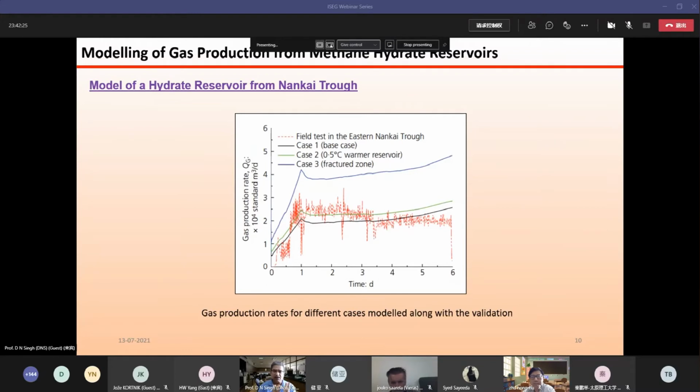So the whole purpose of this research is to give a clear answer to the government or to the industries dealing with alternate or non-conventional energy sources: what type of treatment should be done so that the gas can be liberated, and what would be the dynamics of this gas without causing any hazard associated with the instability of reservoirs.